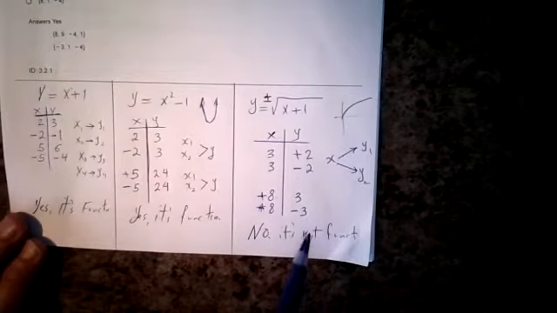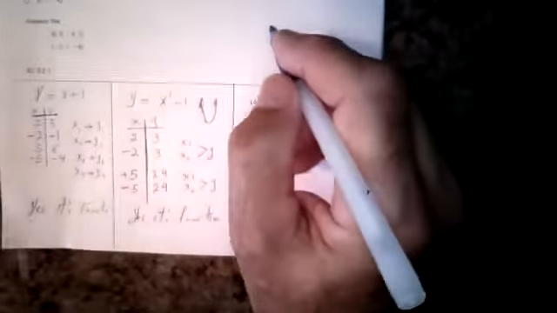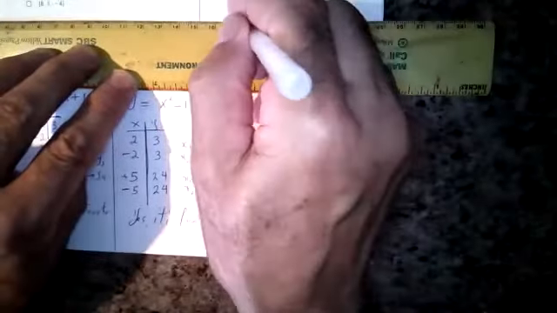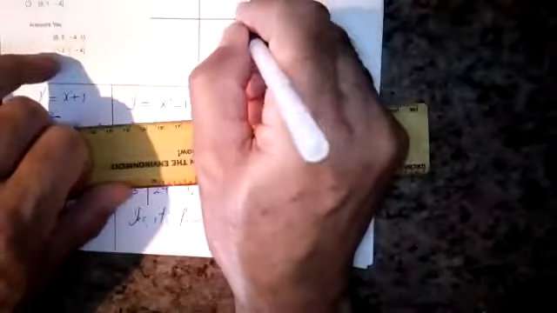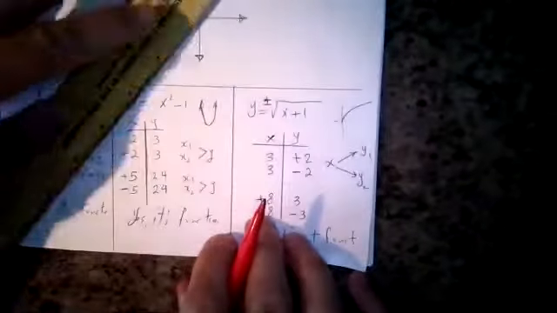Another way to tell whether it's a function or not is when you have the graph right here. Let's say I graph a straight line here.